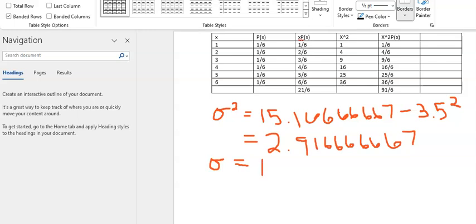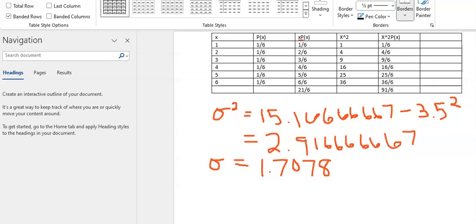And I'm not sure how many decimal places I asked to. I know it was 3 or 4, so I'll just go to 4. But of course, if we had to go to 3, this would end up being 1.708. Okay. All right. So that is the standard deviation, and how you do that by hand.